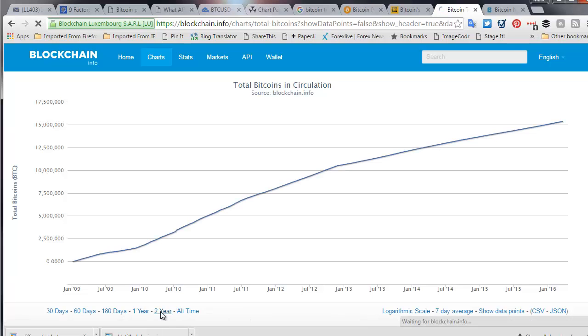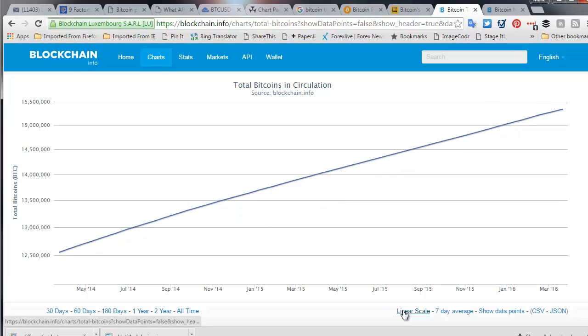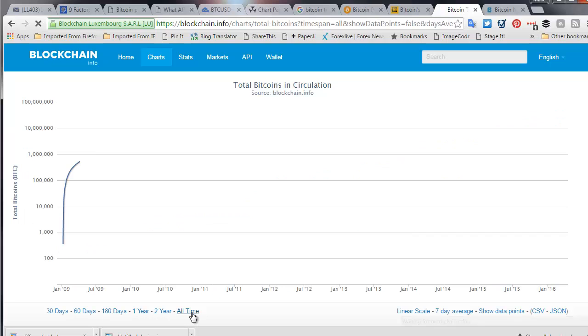As you can see here, if I do a 2-year chart, you'll see that supply is still increasing on a reasonably linear basis. So there is progressively increasing supply, but when I present it on a log scale, you'll see that it is flattening out.